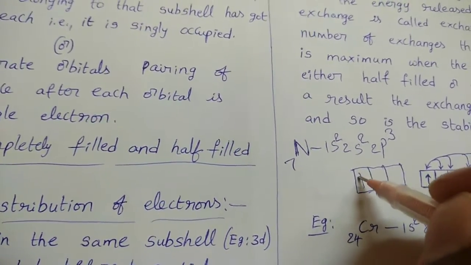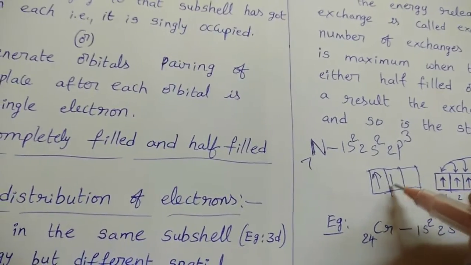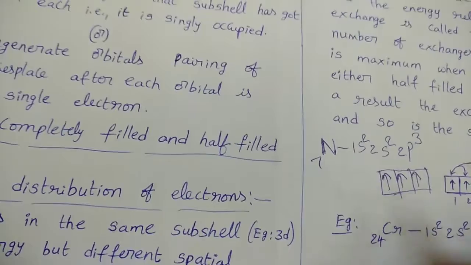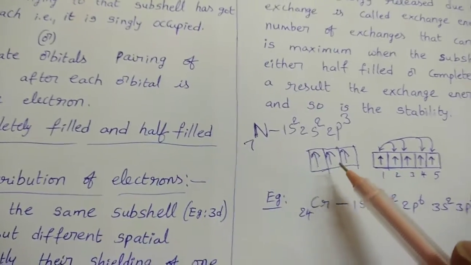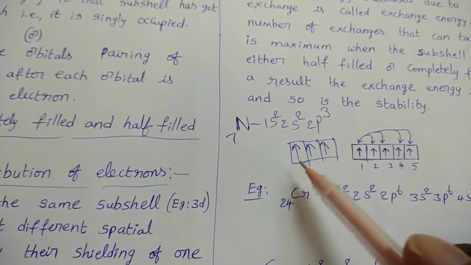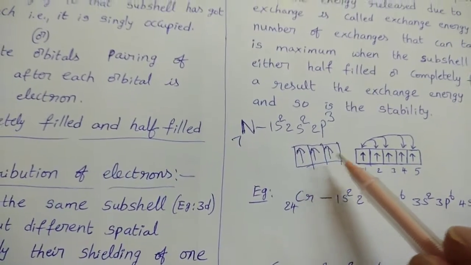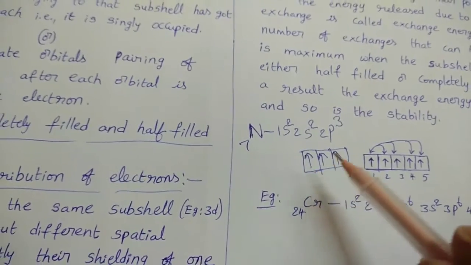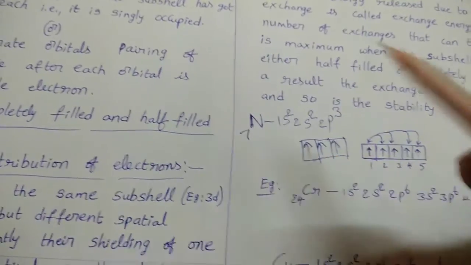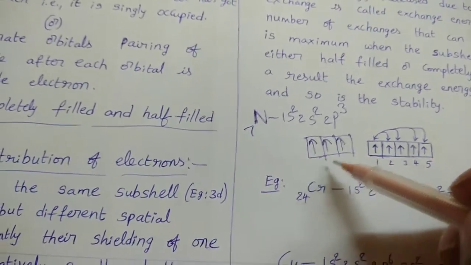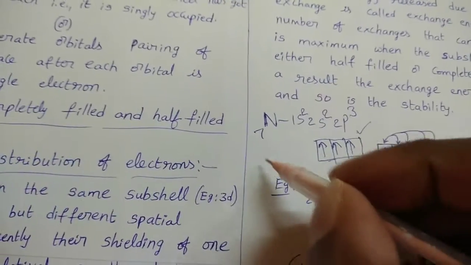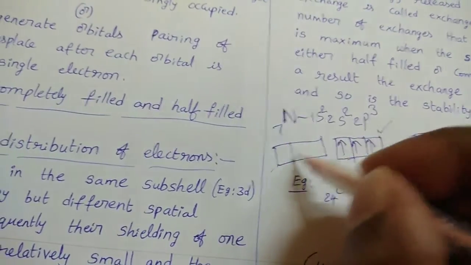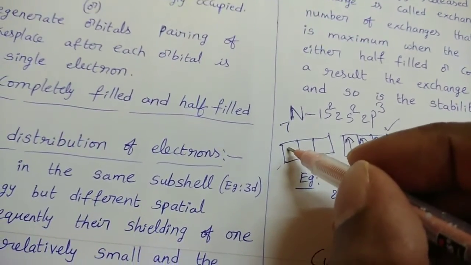In these, px has 1 electron, py has 1 electron, 2pz has 1 electron. In this way, all 3 electrons first enter px, py, pz. Each orbital is occupied by a single electron. Next, if one more electron is there, then only pairing takes place. This is correct. See this, if I write the same configuration in another way, then this is wrong.